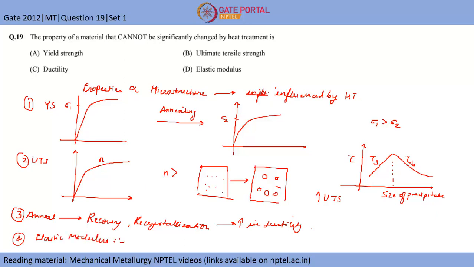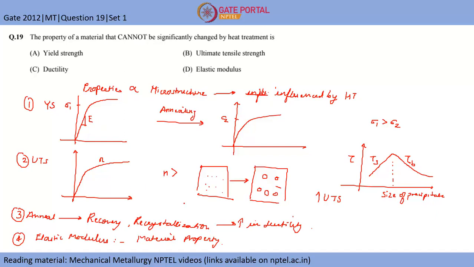Elastic modulus is basically a material property. And the slope of this curve in the elastic regime is basically E. So whatever heat treatment you do, it doesn't change.